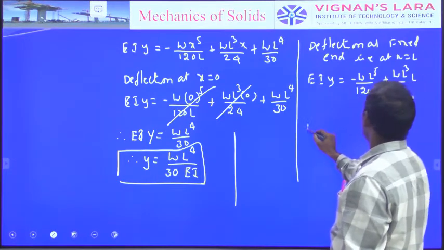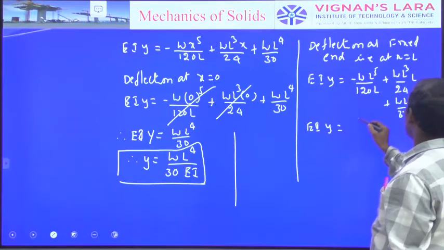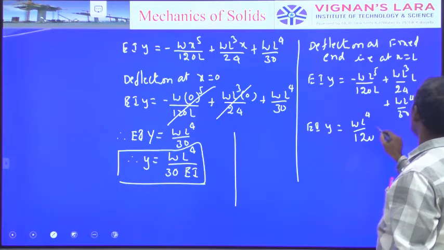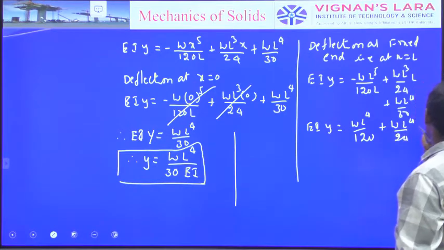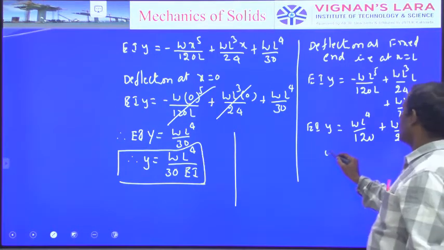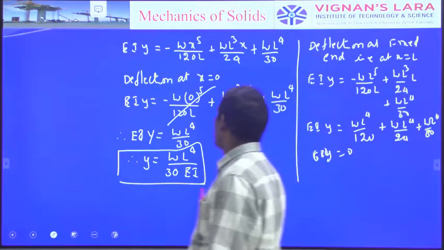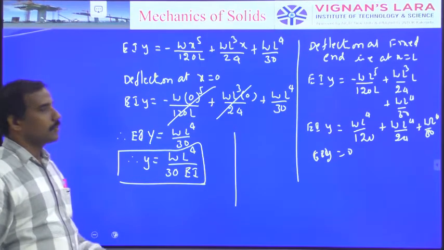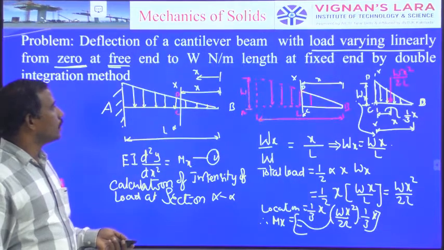So EI into y is equal to minus WL power 4 by 120 minus WL power 4 by 24 plus WL power 4 by 30. Finally, it becomes 0. So this is the procedure to calculate the slope and deflection of a cantilever beam subjected to a linearly varying load.